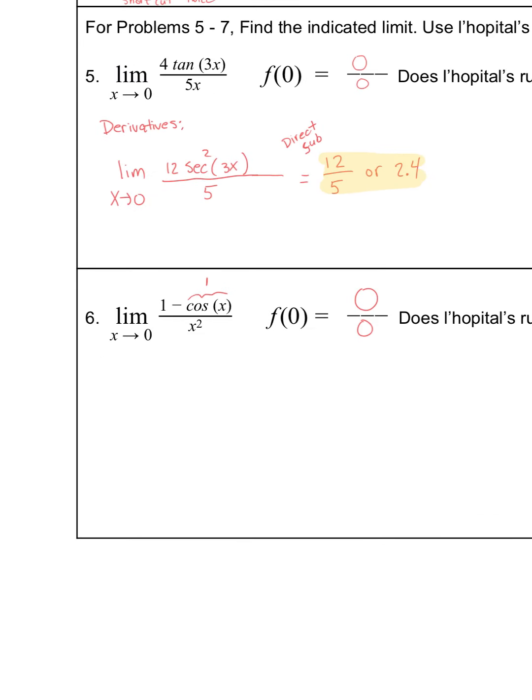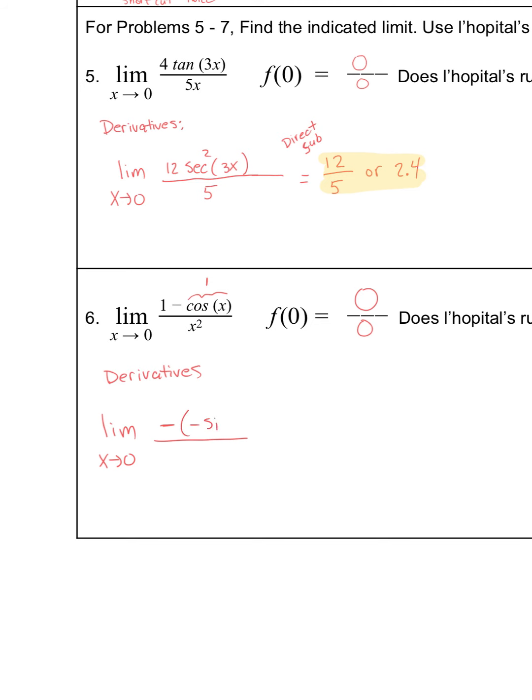So the first thing we do is we take the derivatives. The limit comes down. The derivative on top, the derivative of 1 is just 0. Negative 1 comes along for the ride. And then, of course, the derivative of the cosine is negative sine.